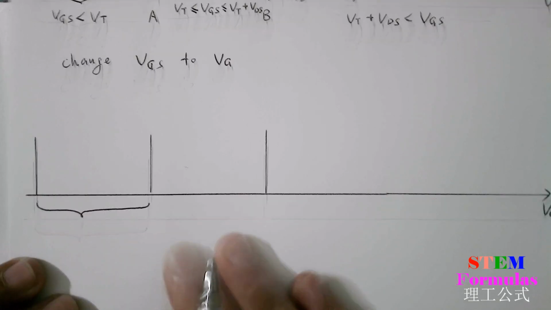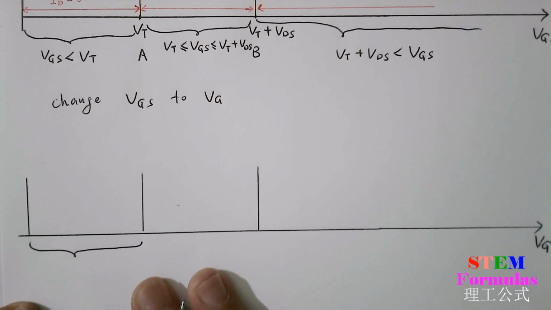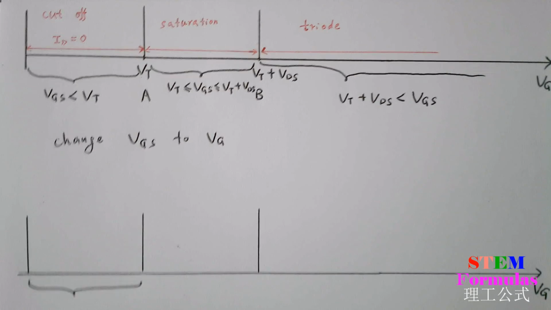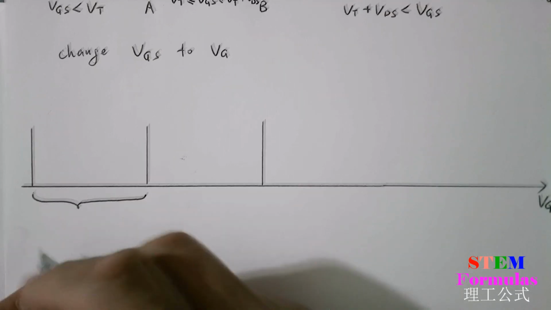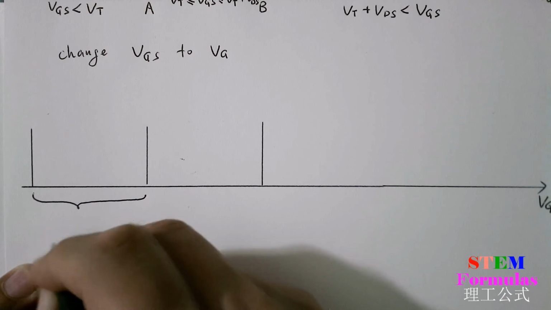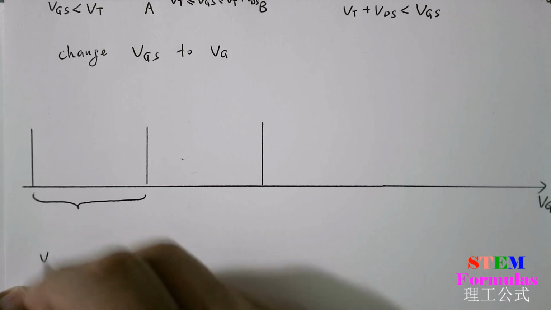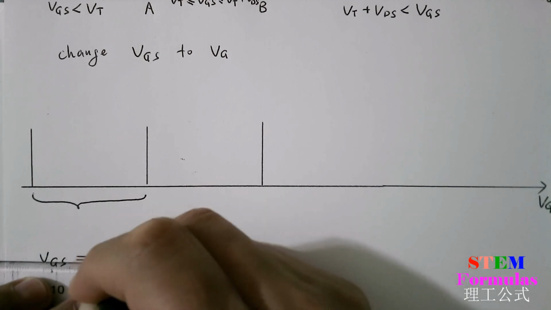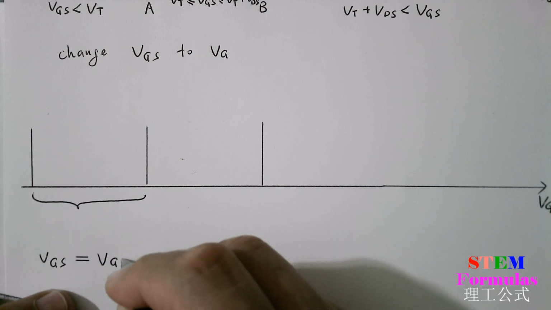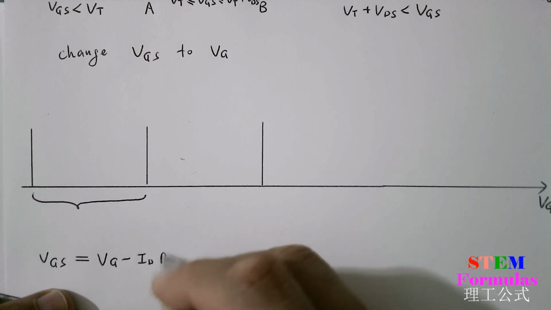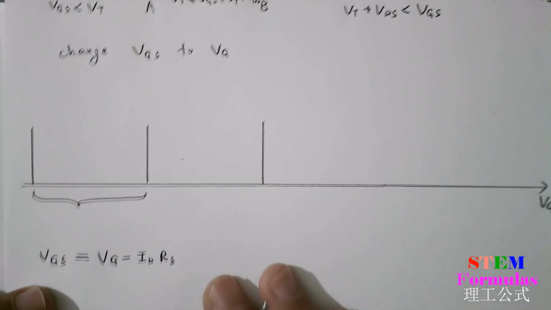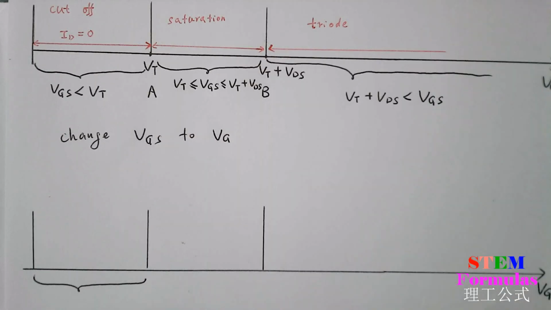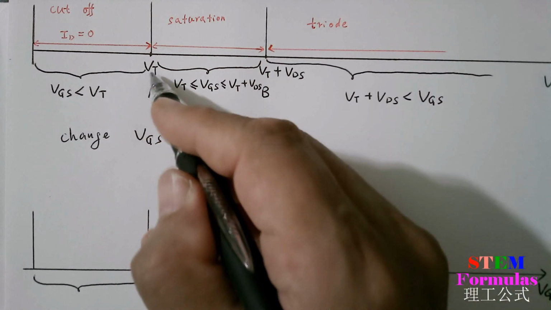By definition, VGS is equal to VG minus ID RS. Now, in this place, VGS equals VT.